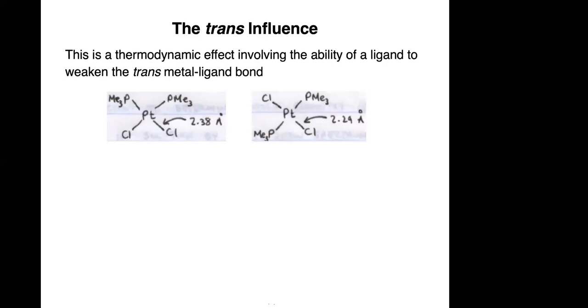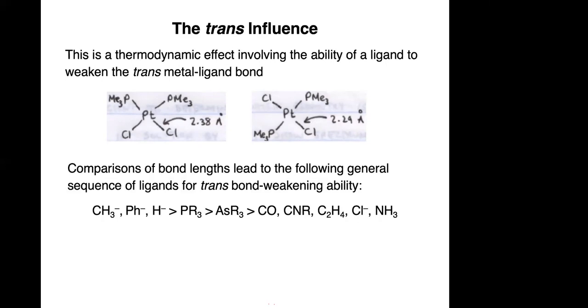Right? So if we take those bond distances as correlating with bond strengths, then the weaker bond of the cis complex might suggest a faster reaction rate.